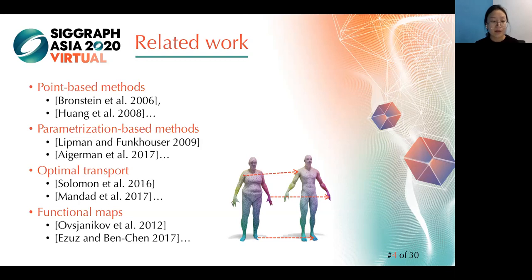Another category of methods is parameterization-based, where the shapes are mapped into a canonical domain, such as a sphere, and the correspondences inside the canonical domain can be estimated. There are also other methods that use optimal transport to formulate and relax the shape matching problem. Our work uses the functional map representation. This technique tries to find the correspondences between the functions defined on the shapes instead of finding the correspondences between vertices directly.